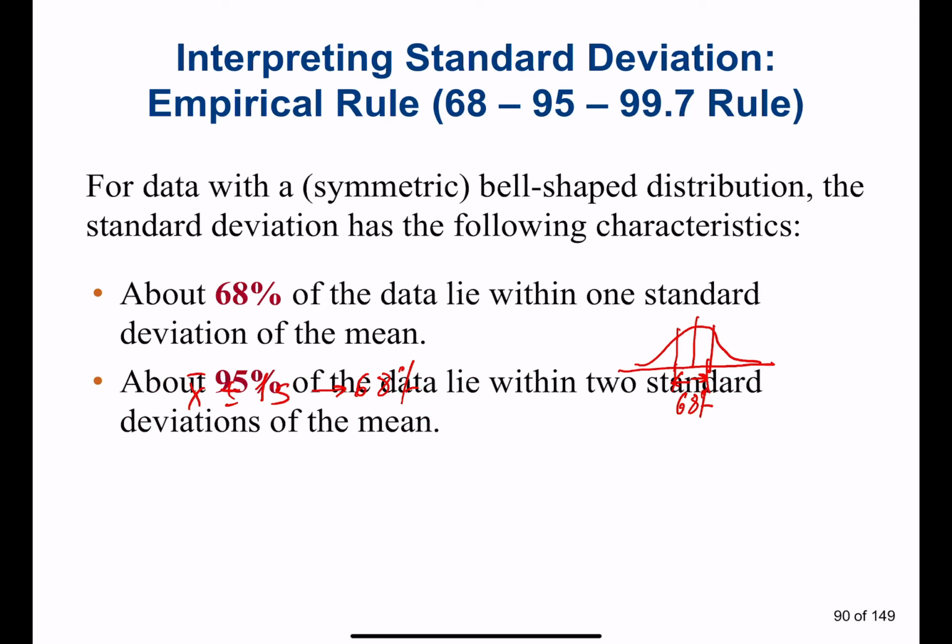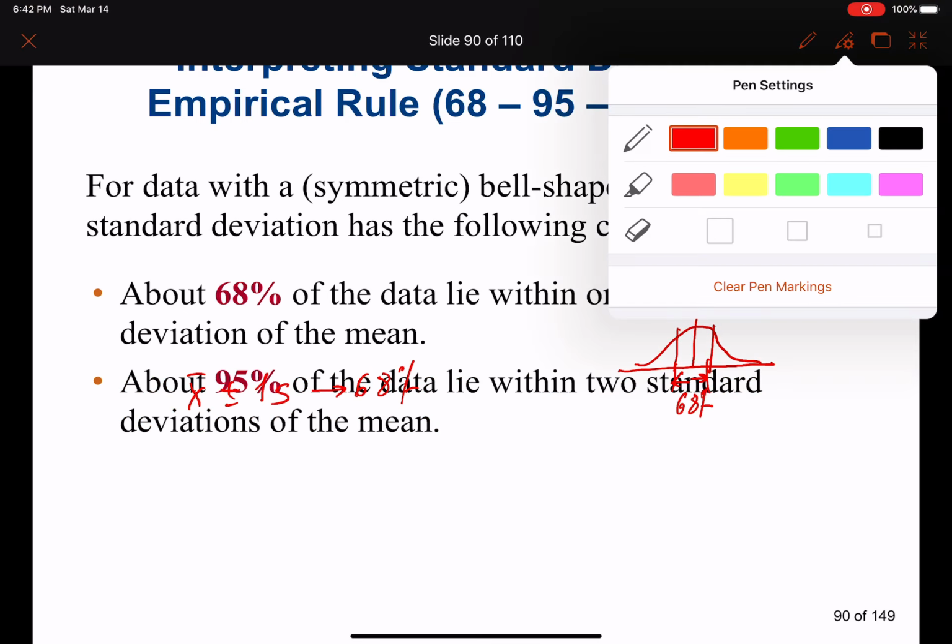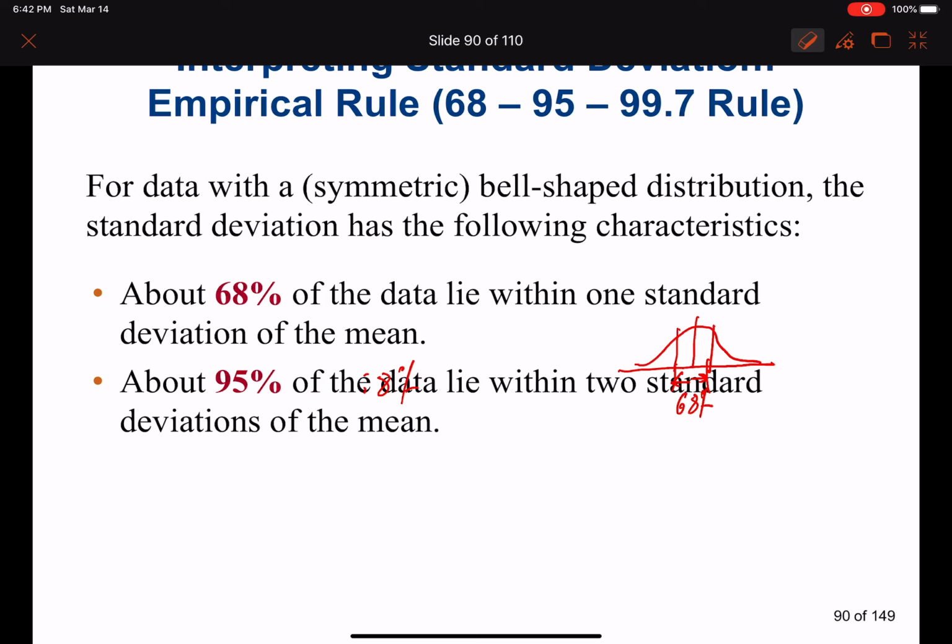Next, 95% of the data is located within 2 standard deviations of the mean. Let me write it down here. x bar plus or minus 1 standard deviation, that is 68% of all data. x bar plus or minus 2 standard deviations, that is 95% of data.